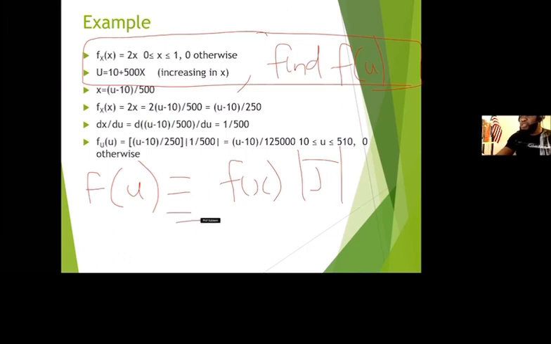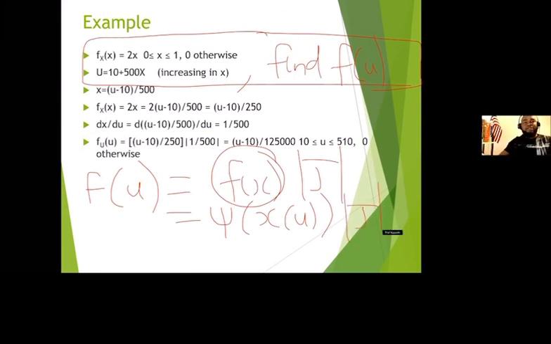But I need to express x in terms of u before multiplying by the determinant of the Jacobian. And the Jacobian is actually going to be dx du.